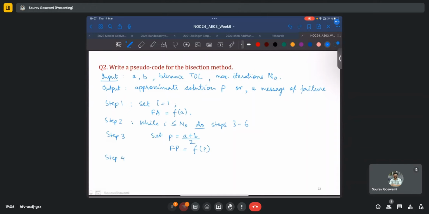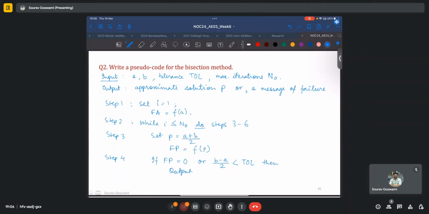The next step is, if this value is equal to 0, or if our interval is less than the tolerance, we don't want to keep resolving it unnecessarily, then we output p.